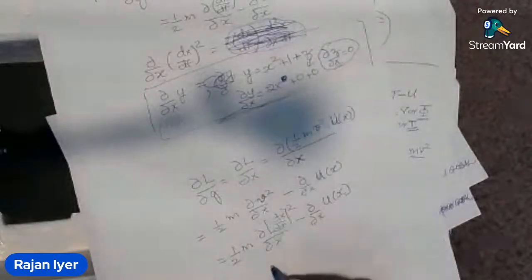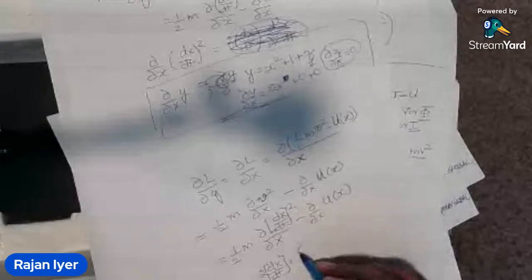Okay, now we figured out that we have to do this, half m, 2 dx by dt. First I differentiate the outer one, I get this one. Then I have to differentiate the inner one, so I get the second term.